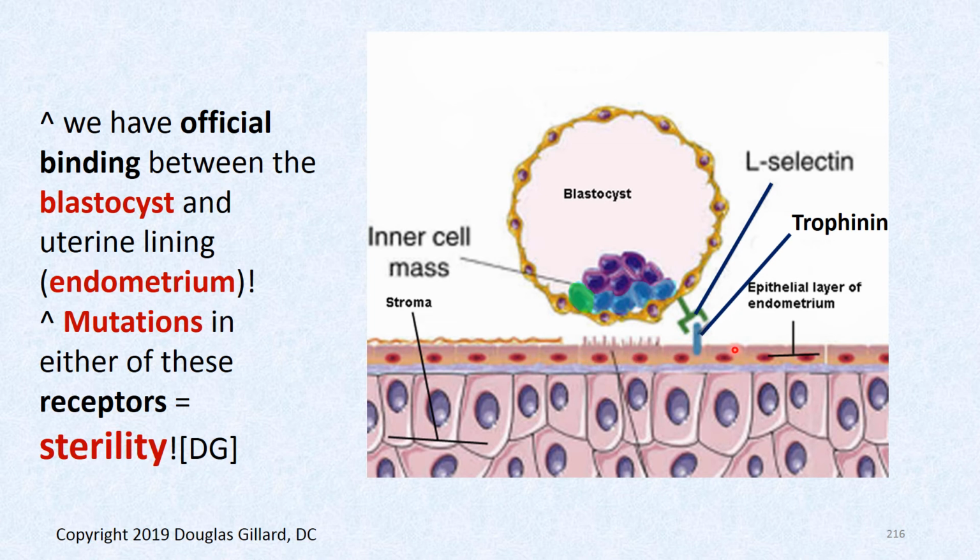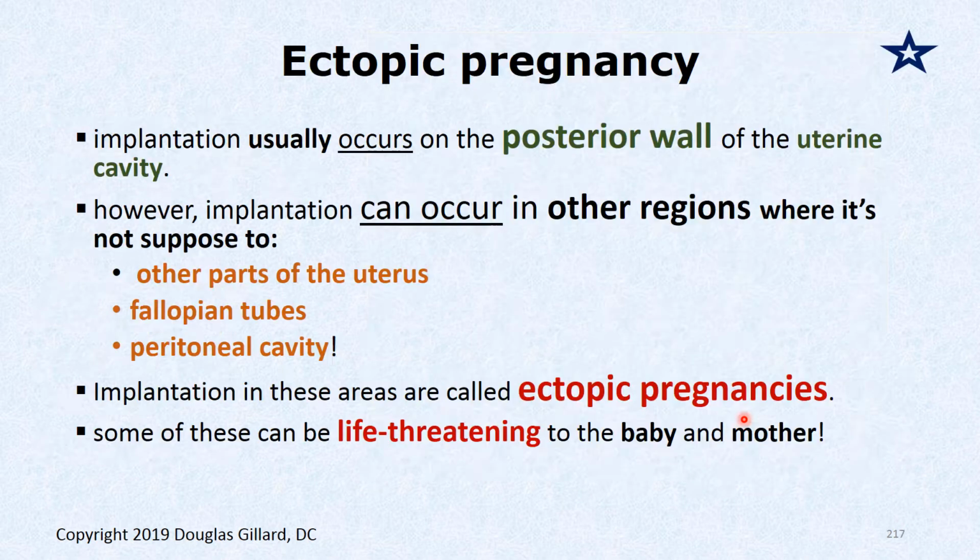Some changes are going to happen in the epithelial cells now. If you have a mutation in L-selectin or a mutation in trophinins, you're sterile. You can't have a baby. We fertilize just fine, but you have to be able to bind in order to get our little growing embryo implanted into the endometrium.